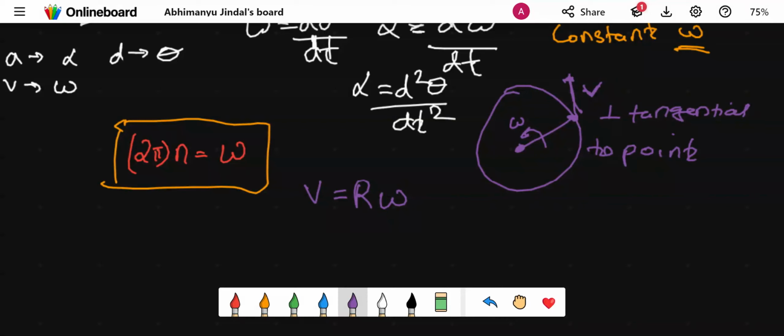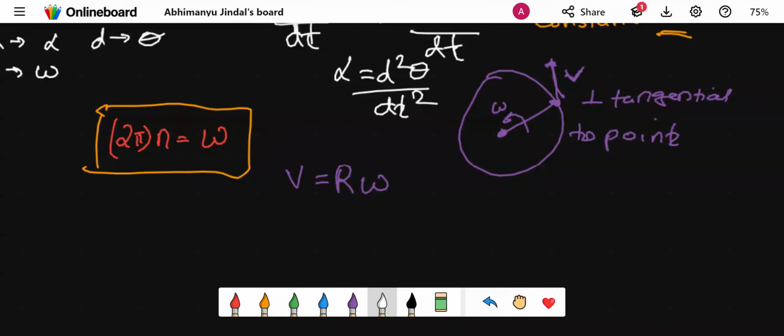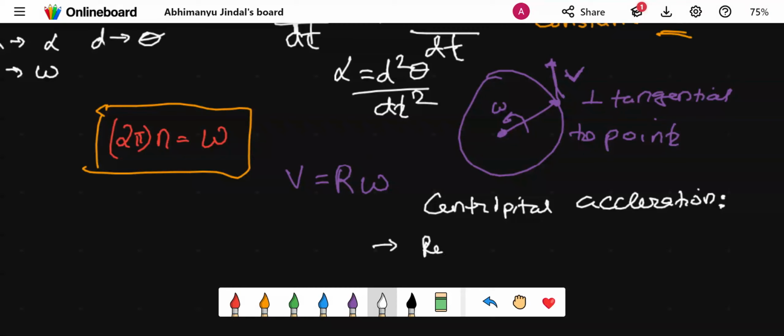Now let's go to centripetal acceleration. Let's see what it does. Centripetal acceleration is responsible for the change in direction.